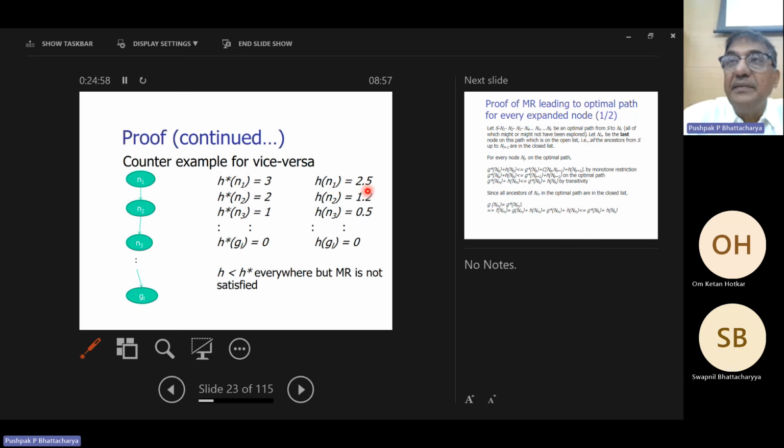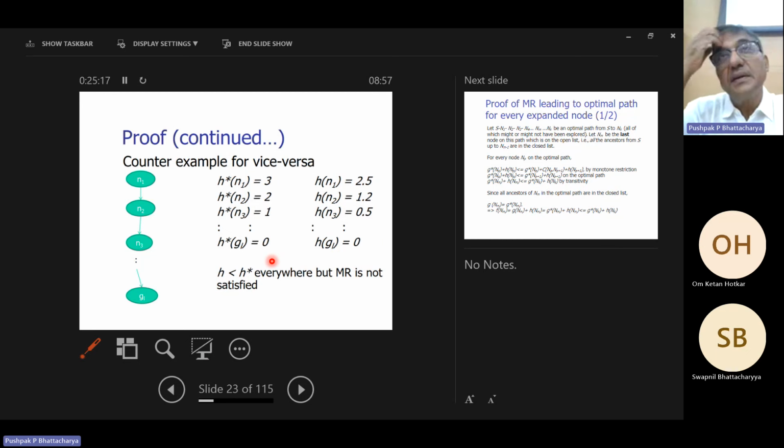Hn1 is 2.5, Hn2 is 1.2, Hn3 is 0.5. The cost of each arc is 1, and HGI is equal to 0. H is less than or equal to H star everywhere, but monotone restriction is not satisfied.